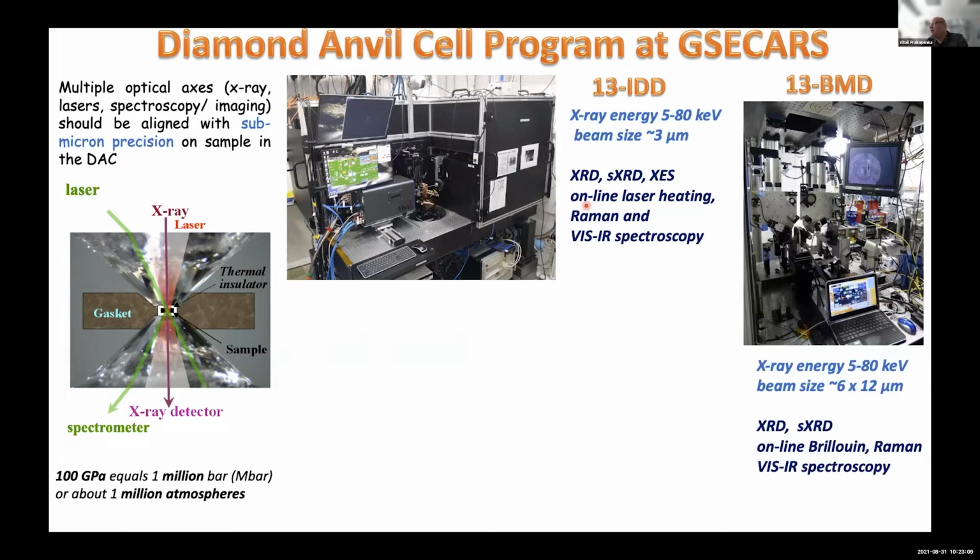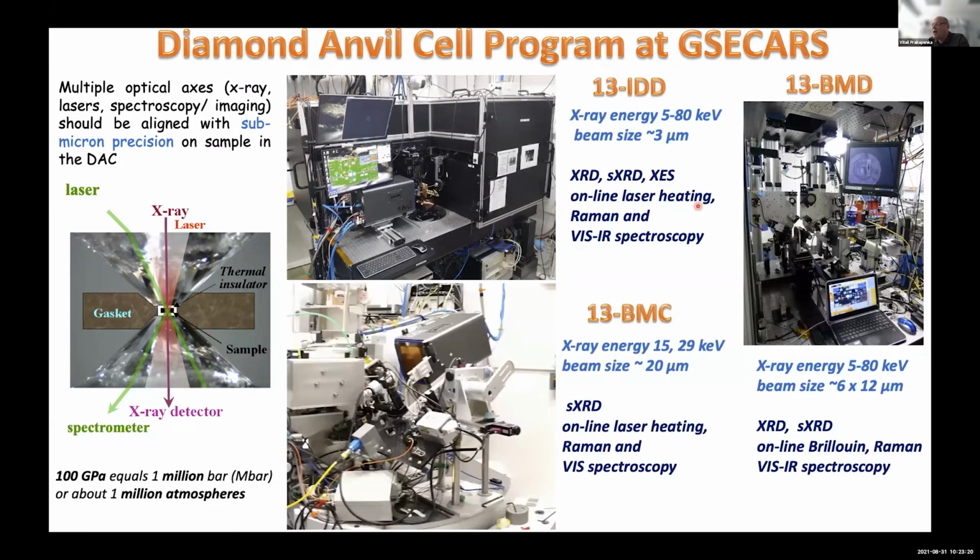The BMD station is dedicated to studying elastic properties of materials, where we combine X-ray diffraction with Brillouin spectroscopy, and BMC is dedicated to single crystal diffraction at high pressure, run by the PX Square team, that Przemek Dera will talk about in detail a little bit later today.